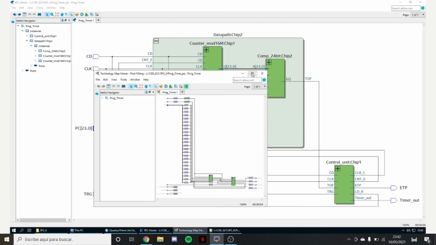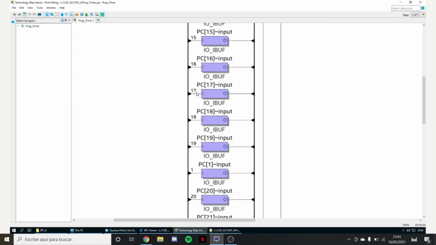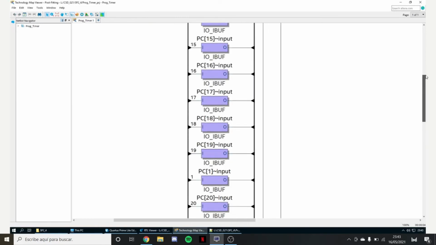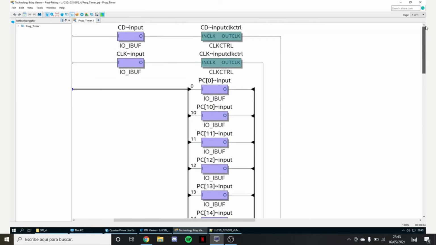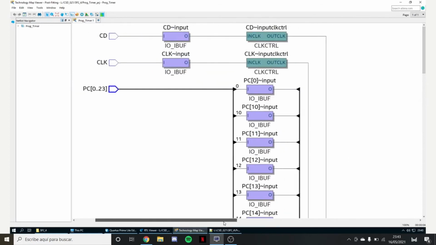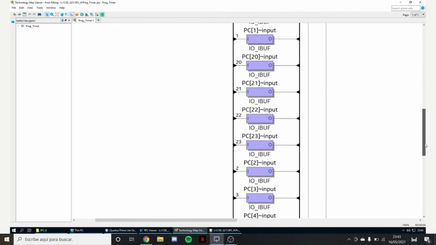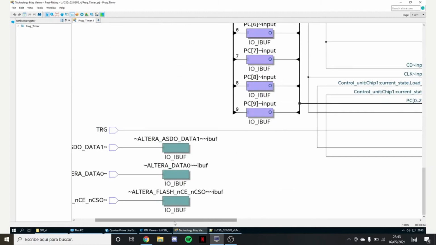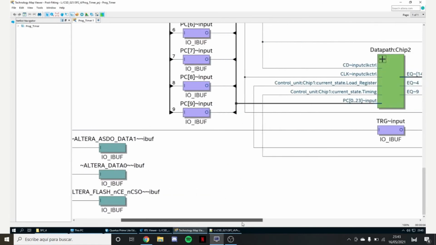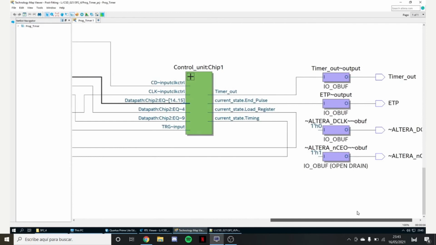This is the technology map viewer. We can zoom in and see it in detail. So this is what we have. These are the inputs, and also here the data path and the control unit, and the outputs here.